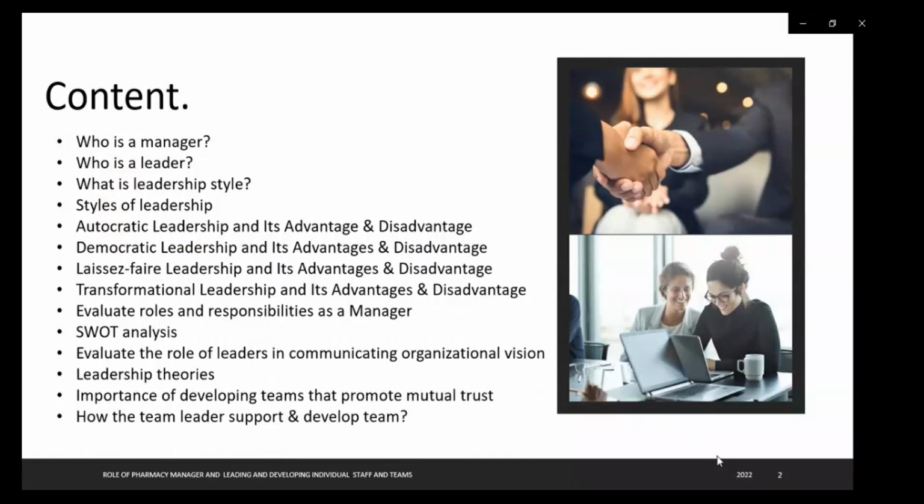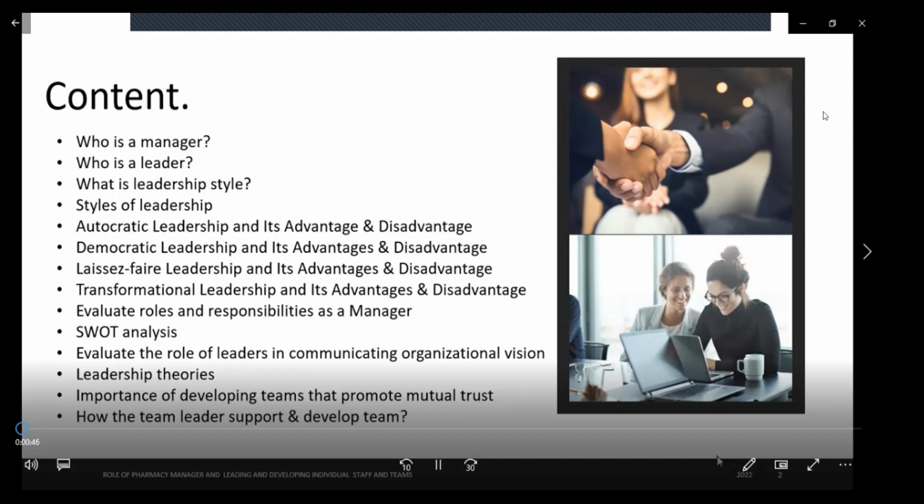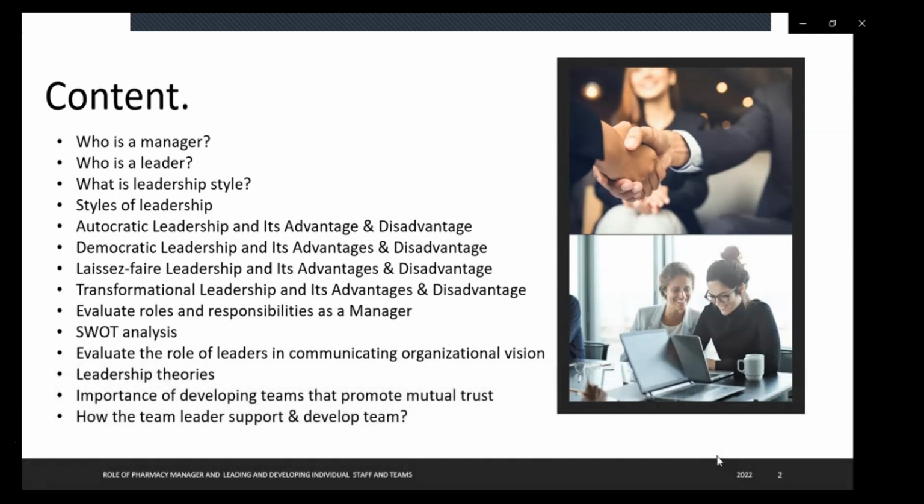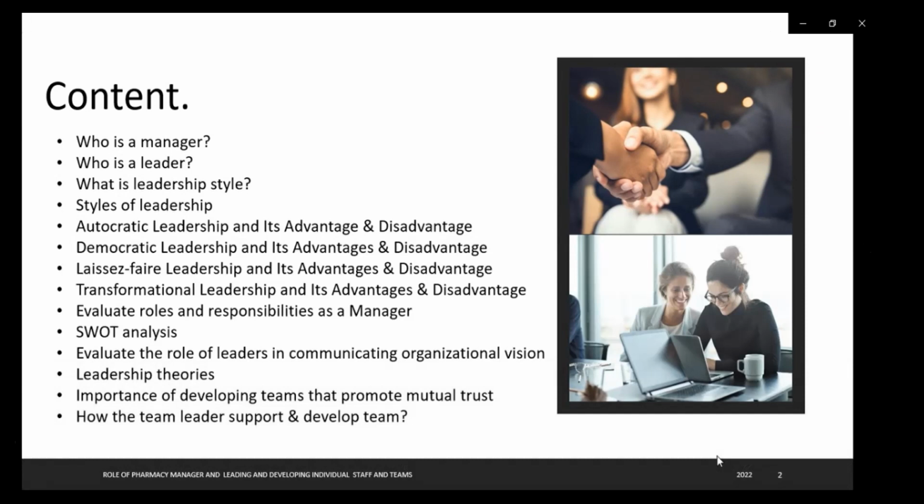First, I'm going to talk about who is a manager and who is a leader, and leadership styles, four types of leadership styles and the advantages and disadvantages of them. Then I'm going to talk about evaluating roles and responsibilities as a manager and about SWOT analysis.